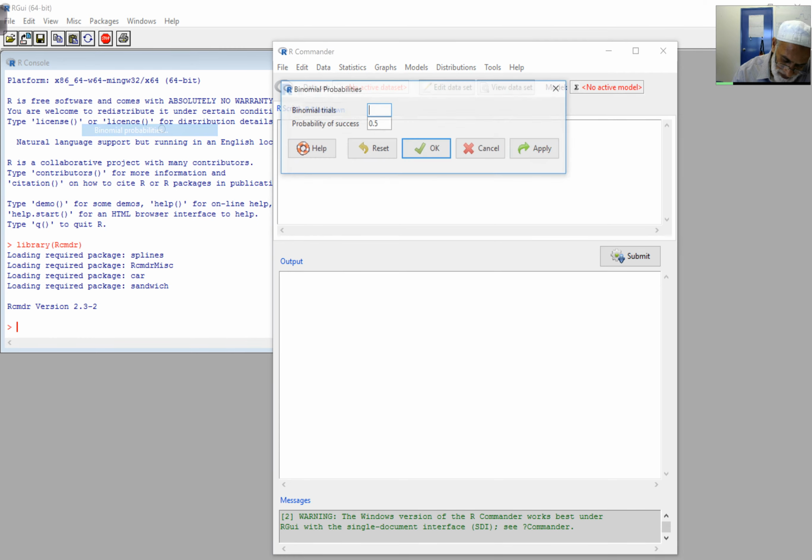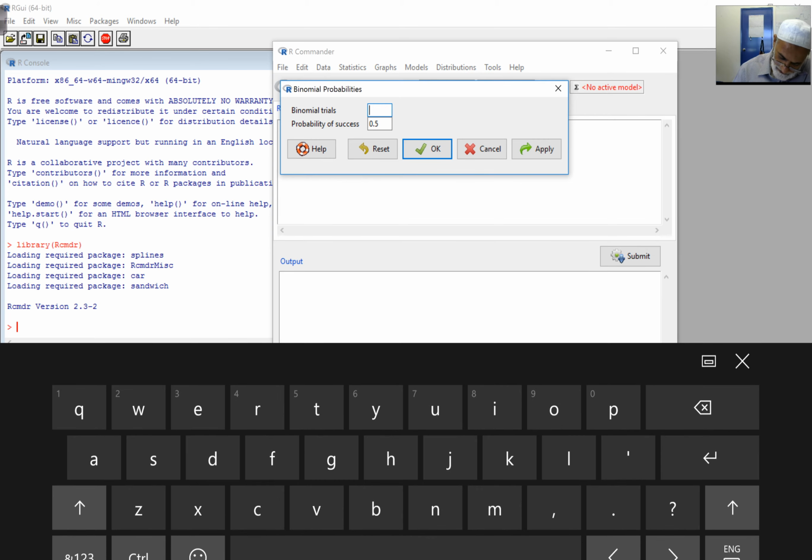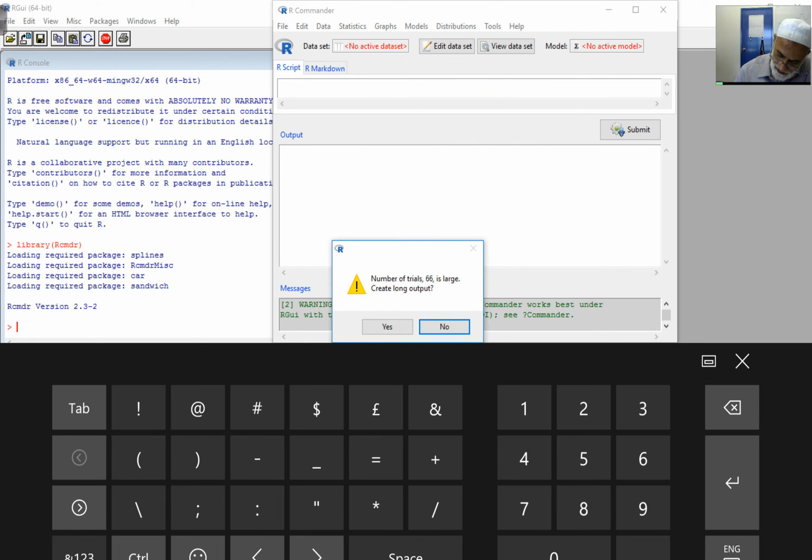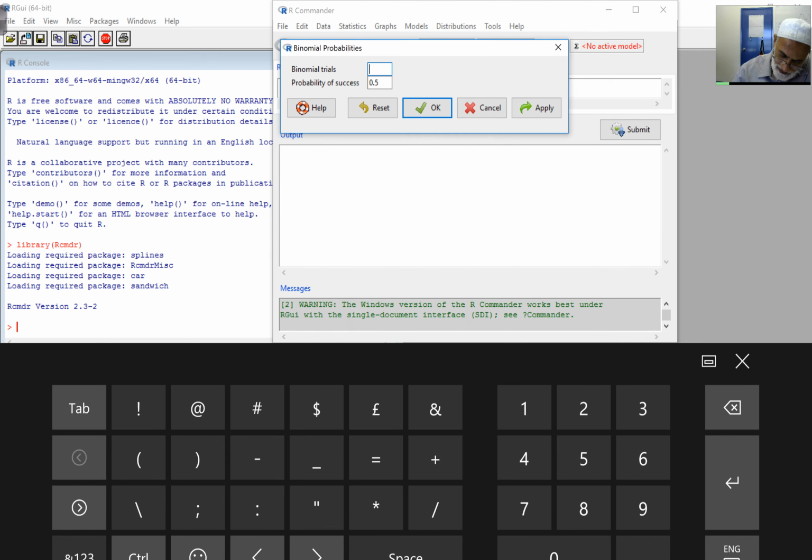I want list probabilities over here. So the number of trials I had here was 6. And the probability of success here was 0.25. Oops, it says 66. I've got 6 trials, not 66.